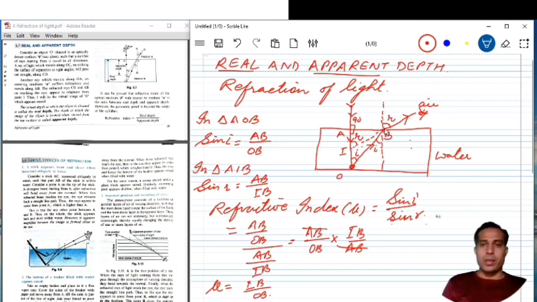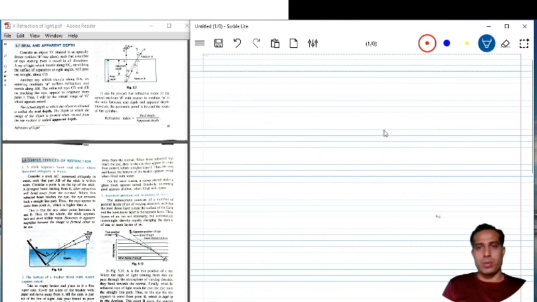Since this point B is very close to point A, because refraction can take place at any point on this surface, here we have considered point B at a distance only because we have to draw this diagram.